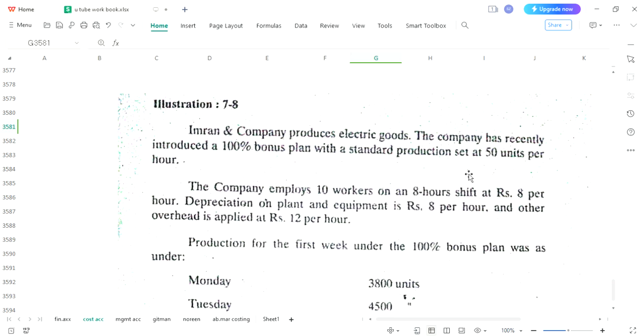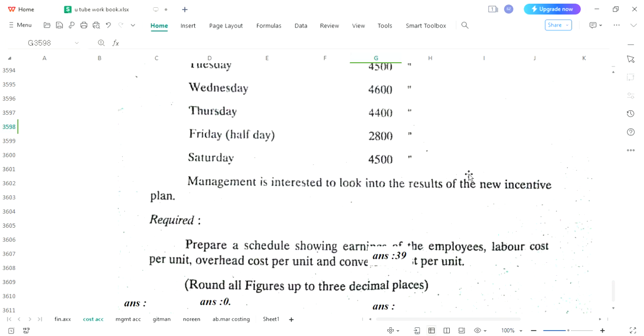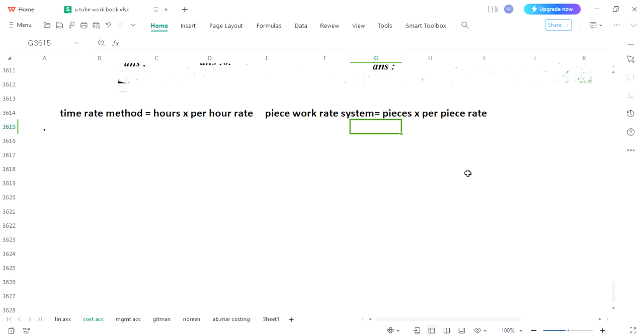Set at 50 units per hour, this is your standard production, and we will note it down. 50 units are to be produced in 1 hour, so 50 pieces are made in 1 hour.